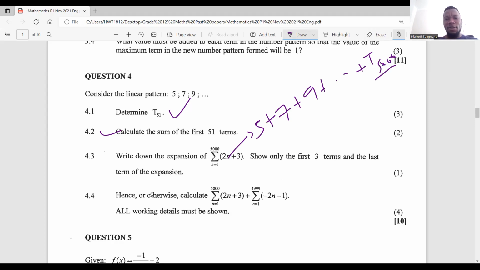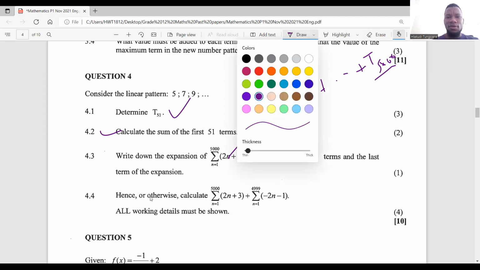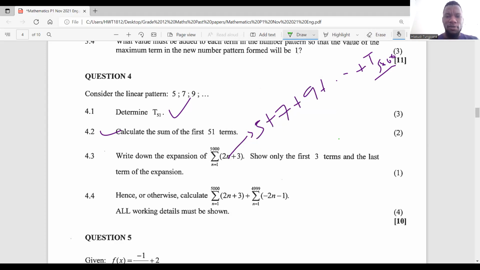So to get T5000, we just need to substitute. So that's, let's say 5 plus 7 plus 9. I'm just going to circle the 10 so that you don't get confused. Okay, so T5000. If you substitute 5,000 for n into the Tn formula, that's 5,000 times 2, that's 10,000, plus 3.